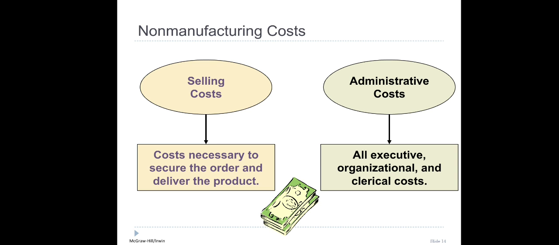Other than the selling costs, the costs can be categorized as admin costs. Admin costs are all executive, organizational, and clerical costs paid by a business.